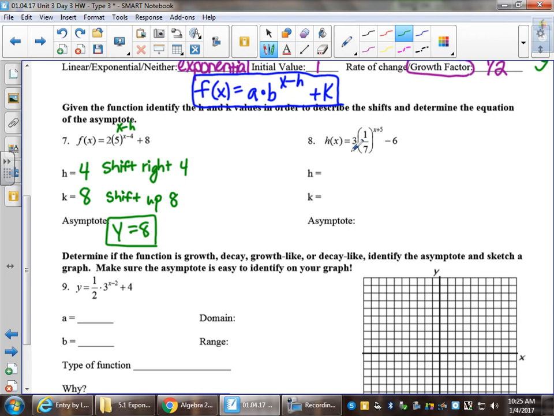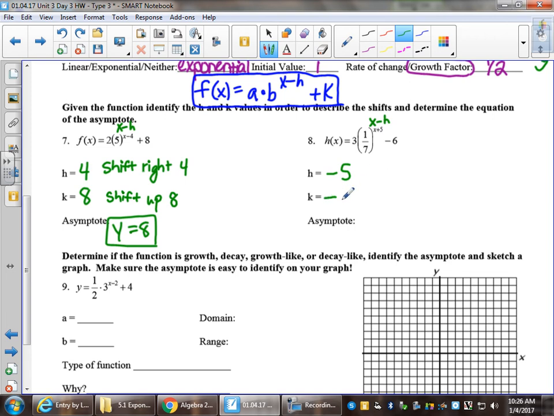Again, I'm not asked for A and B, but just to talk about it, A is 3, B is 1/7. Here I'm asked for H and K. Up top, if it helps, I'll put X minus H to help myself out. Here's H. I see a positive 5, which means a negative 5 was plugged in to create the positive sign.